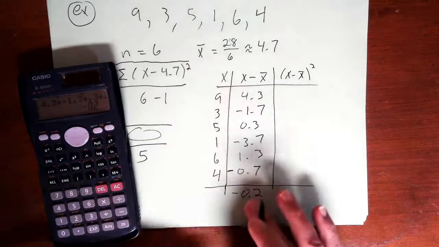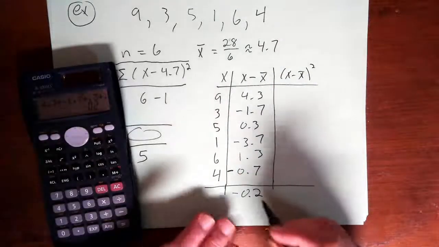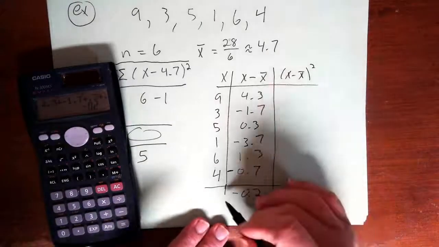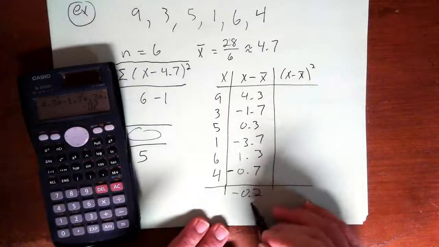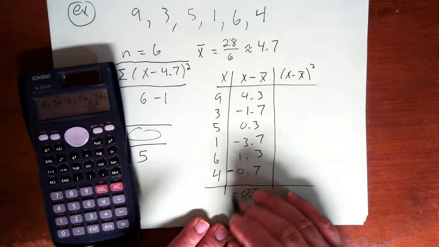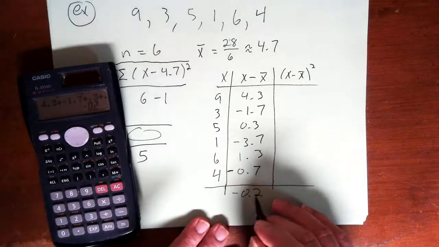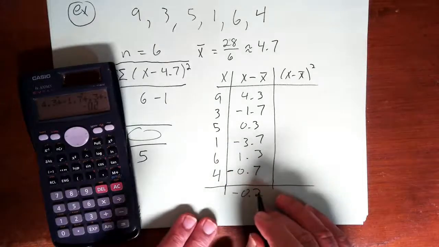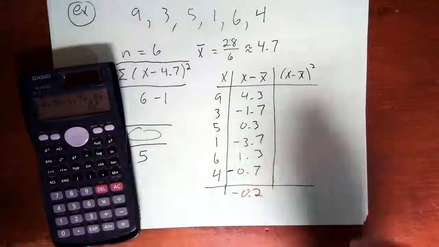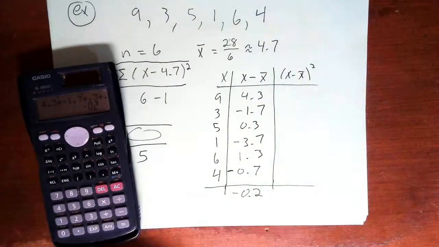And so it's not going to exactly cancel out, but you can see that it's close. It's near 0. It's not equal to 0. It's close to 0, and that's good enough, okay? But you won't get complete cancellation if you had to round the mean.